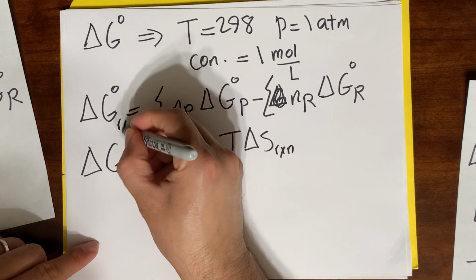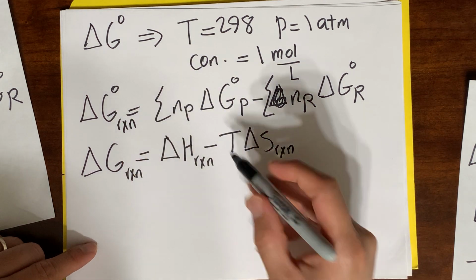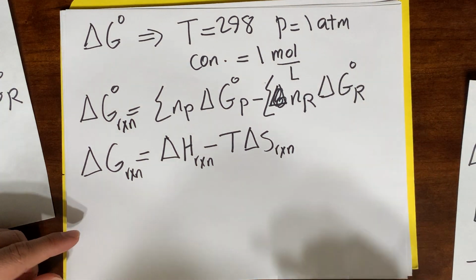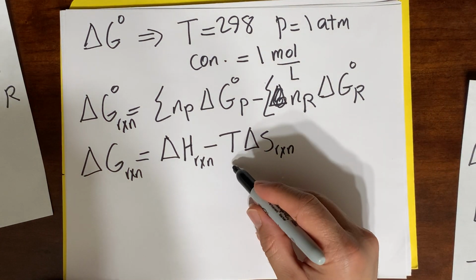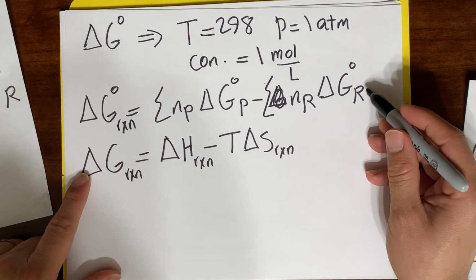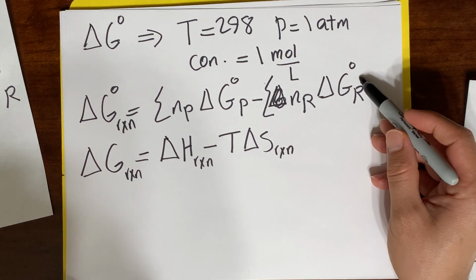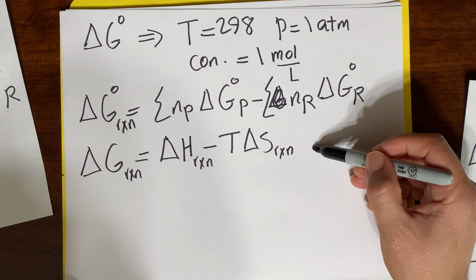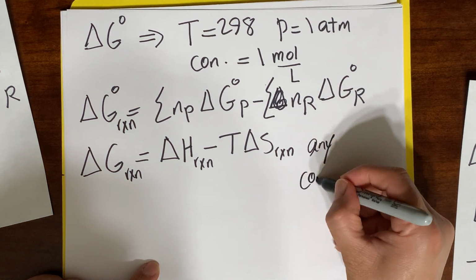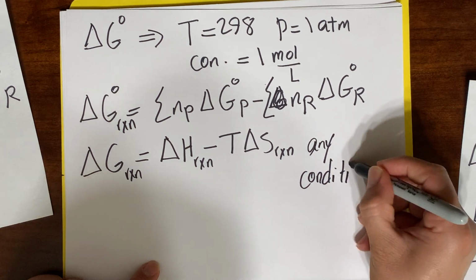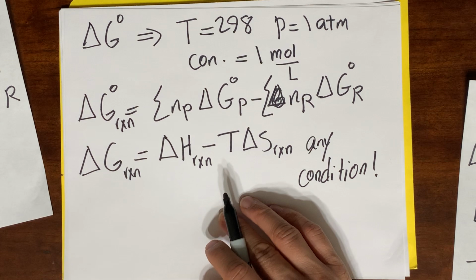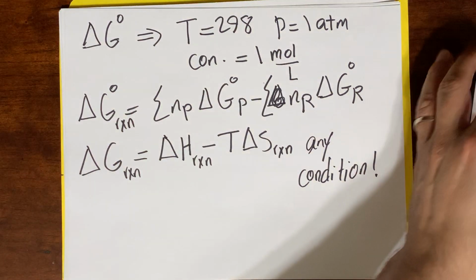Delta G of the reaction will be delta G of the product minus delta G of the reactant. For any condition, second; first one only for the standard condition.